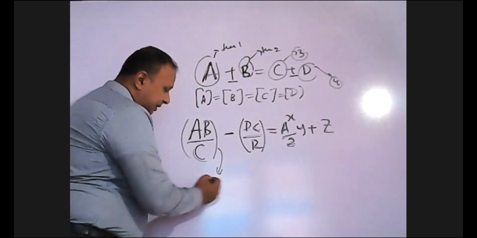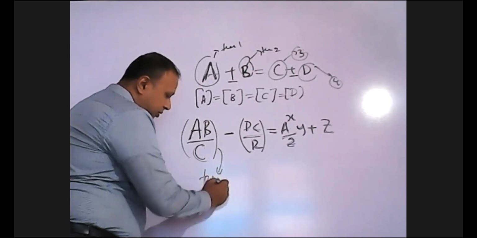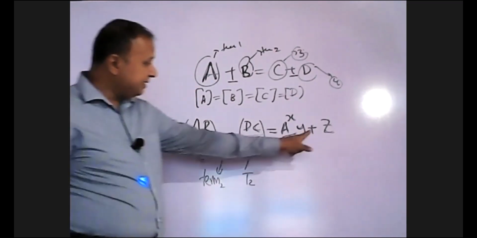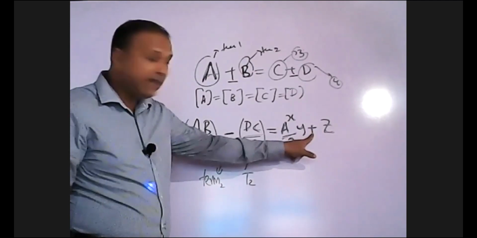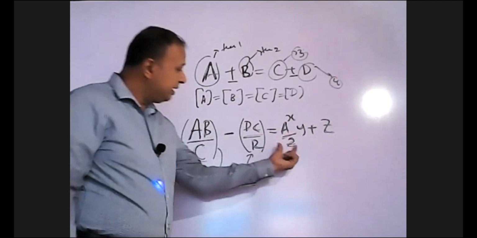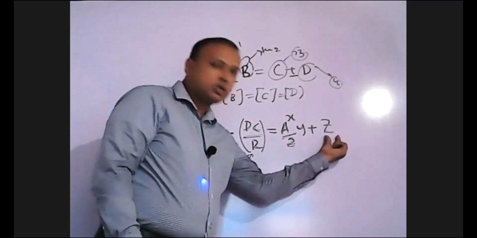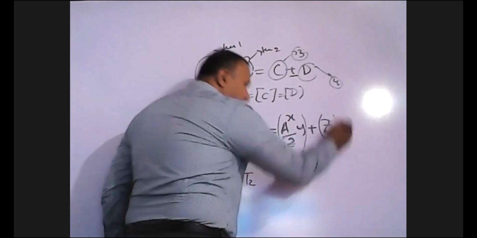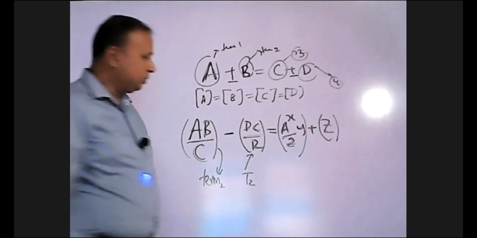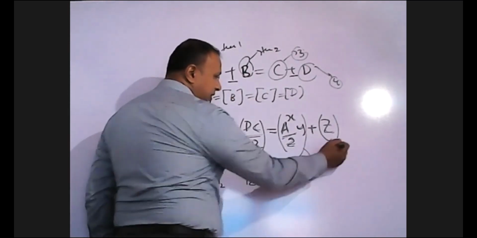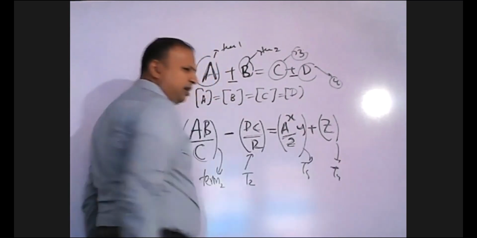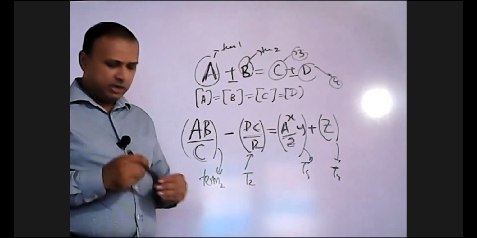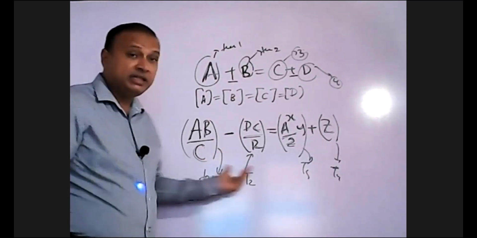Then there is another addition here, through which these two quantities are combined. So we can consider these as term 3 and term 4. Anyway, those are the terms of an equation.